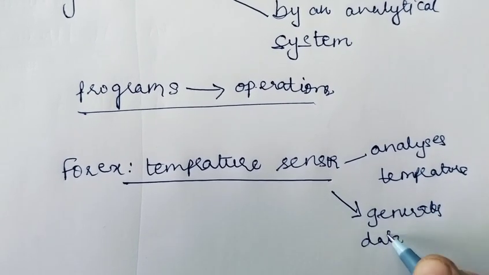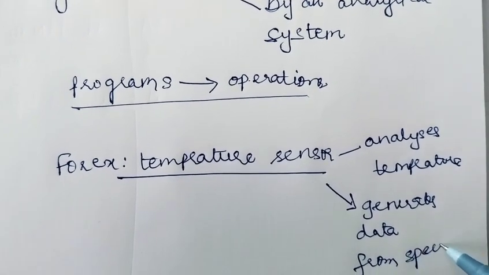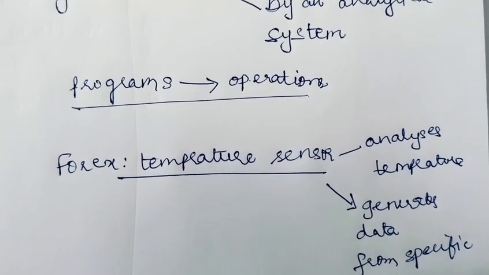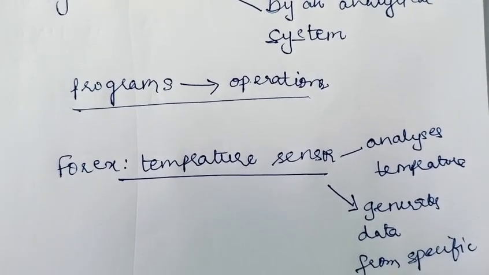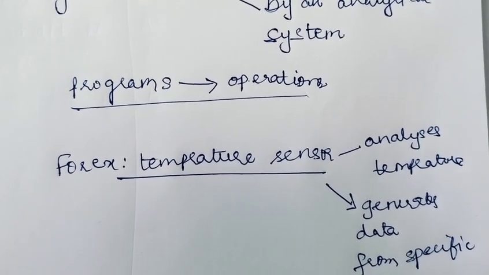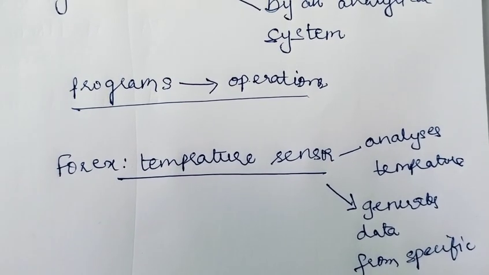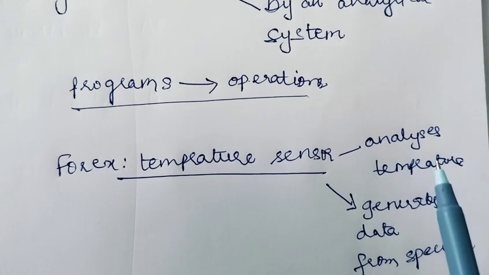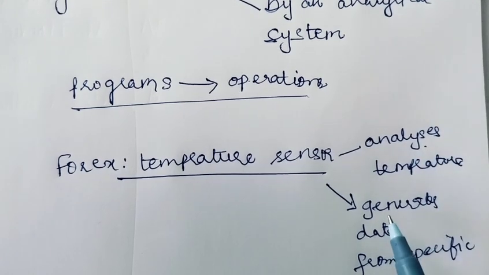It generates data from a specific location, not just anywhere, and this is then determined by algorithms. So a temperature sensor is just one component or thing in IoT. Any component is used to analyze the data and then produce a result.